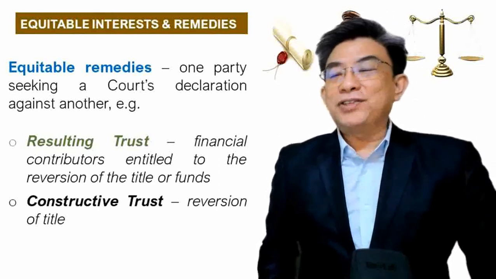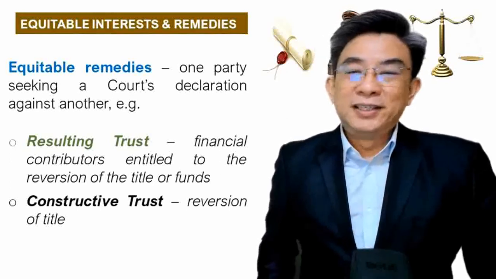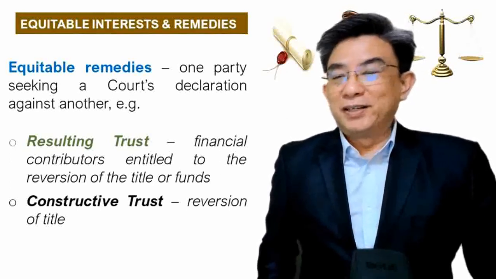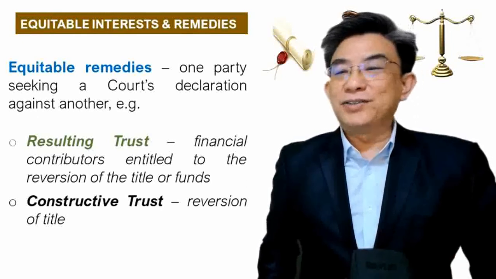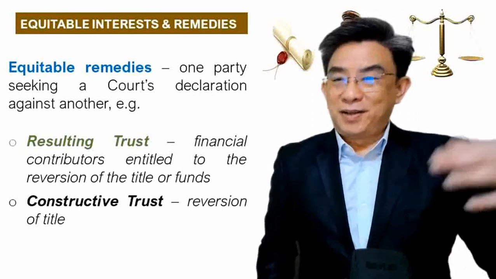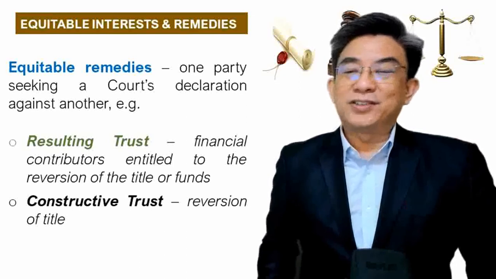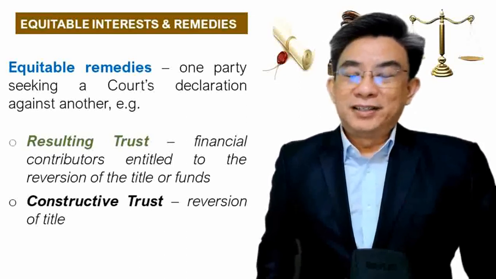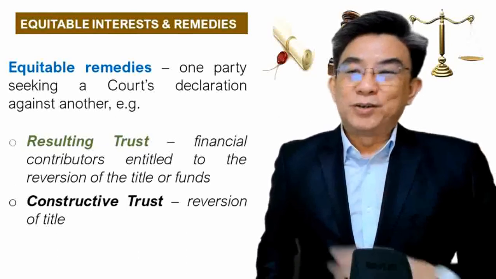Second, constructive trust is where somebody cheated your title. For example, a bungalow owner says, I want to subdivide my house into maybe four terrace houses. So he gets a contractor to come in and they go into partnership. Eventually the other party never returns the title to me, so I go to court to sue.